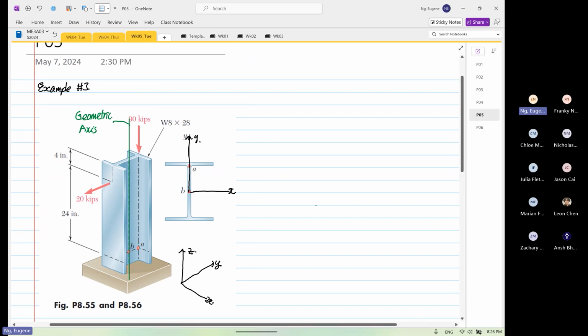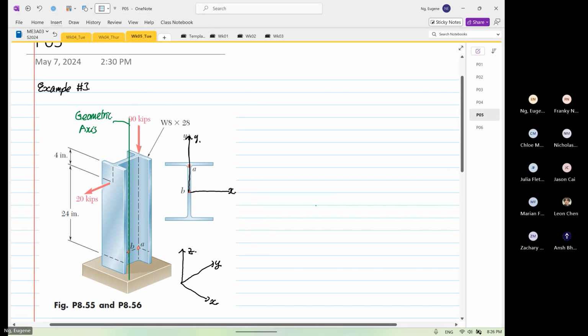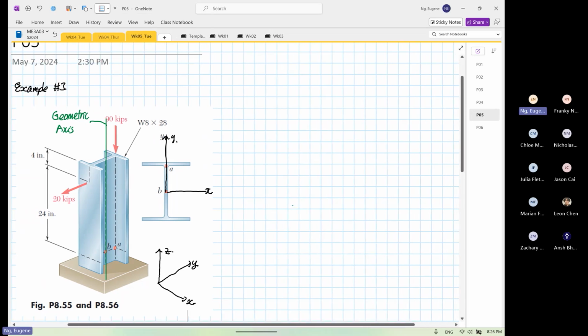We are going to view this in the XY view. I like to view this in the XY plane now.